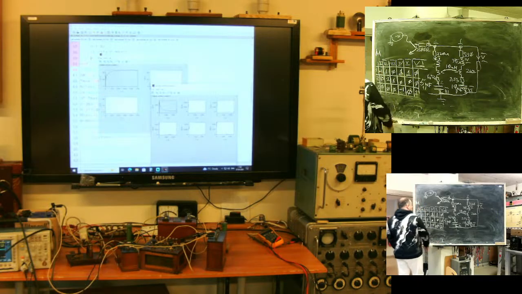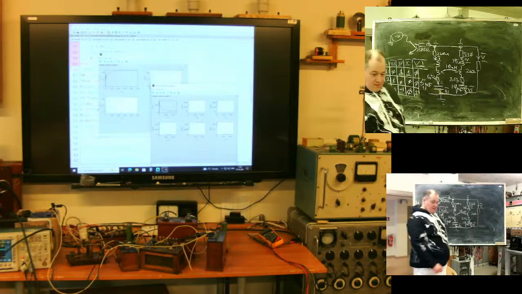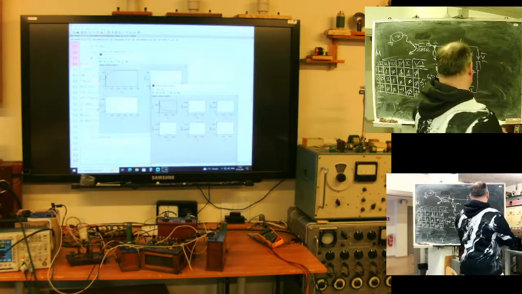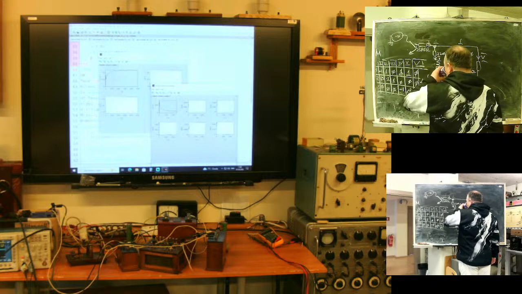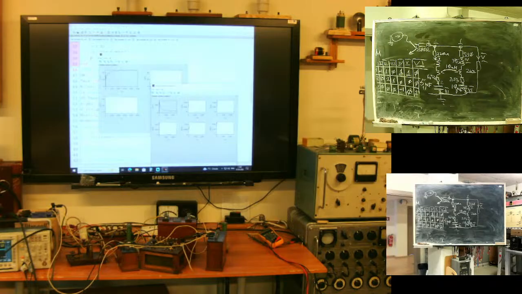To solve the problem of switch off, I need to put in capacitor charges and coil currents. Here I'm a bit lazy. At infinite time when the network is powered, there will be no coil currents. There will be only capacitor charges.